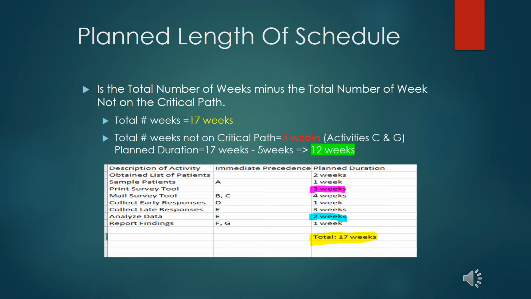From our calculation, we find out that the total number of weeks under the column of the planned duration is 17 weeks, and the total number of weeks not on the critical path, that is activity C and G, is 5 weeks. With this calculation, our planned duration is 12 weeks.